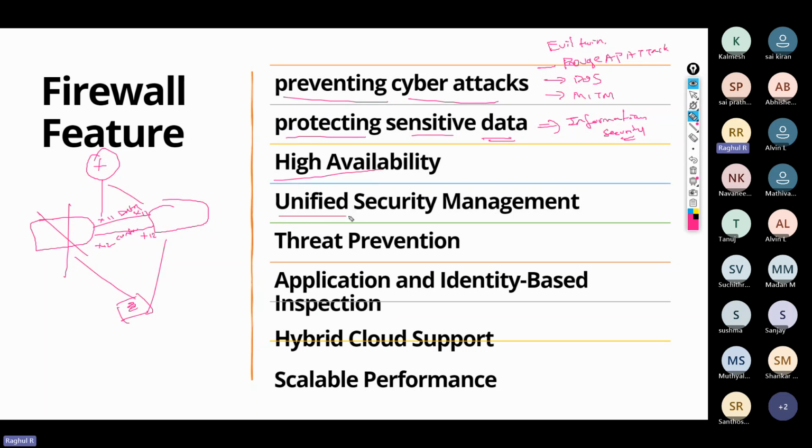The fourth one is the unified security management. So we have something called DPI, deep packet inspection.